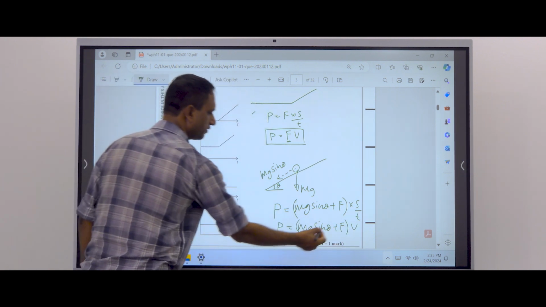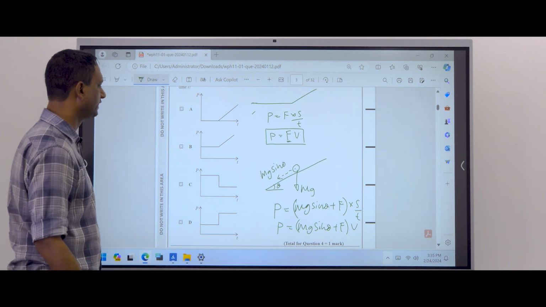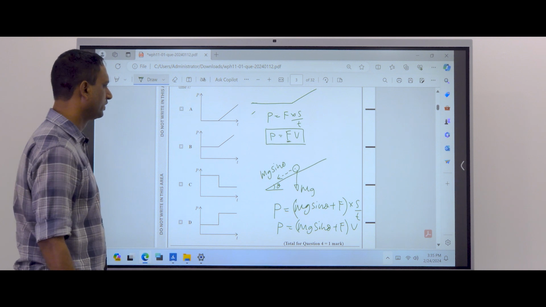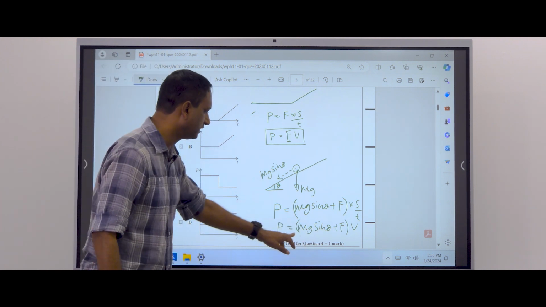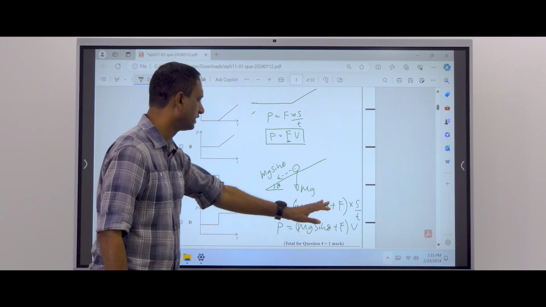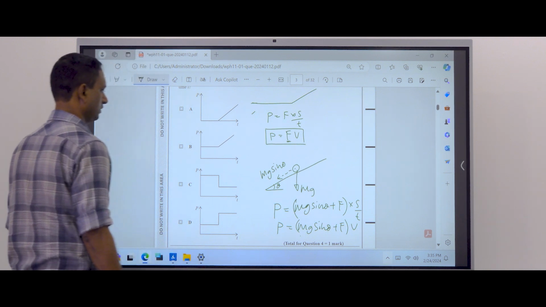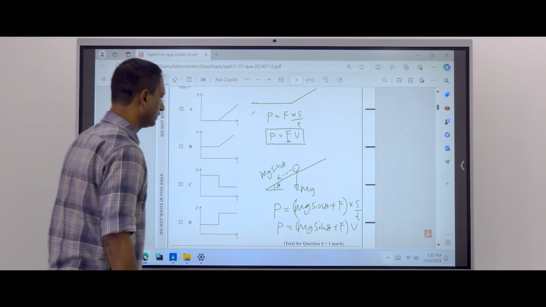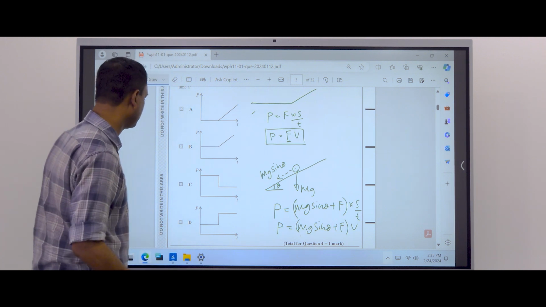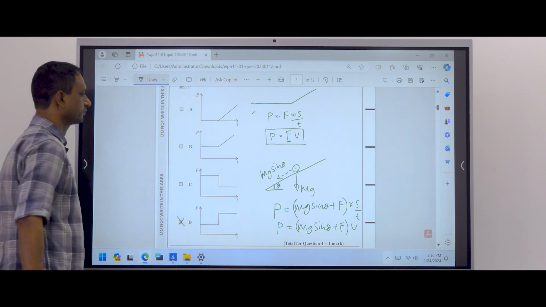Additional force is there, mg sin theta, but it is not gradually increasing. It must be a constant value, because nothing will be changed when it is going up the hill. M is constant, g is constant, theta also constant. Therefore constant power should be there, and it should be greater than initial power. Therefore, answer is D.